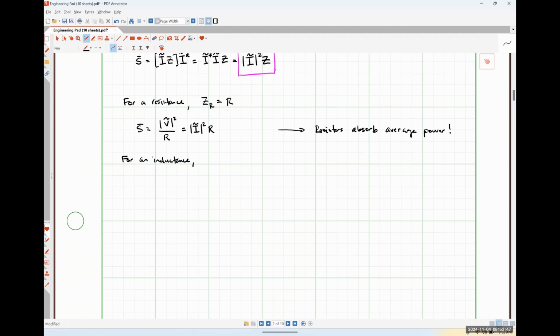For an inductance, the impedance is j omega L. So we would have the magnitude of the voltage squared divided by negative j omega L, because I have the conjugate of the impedance in my denominator. What is 1 over negative j?